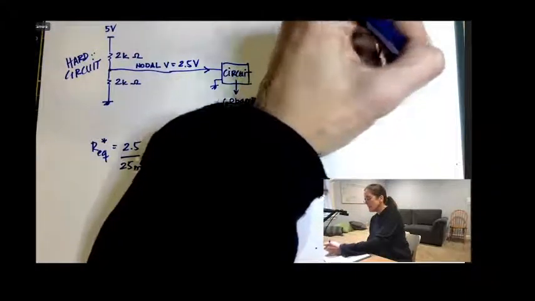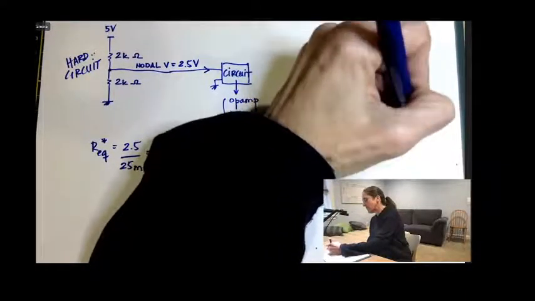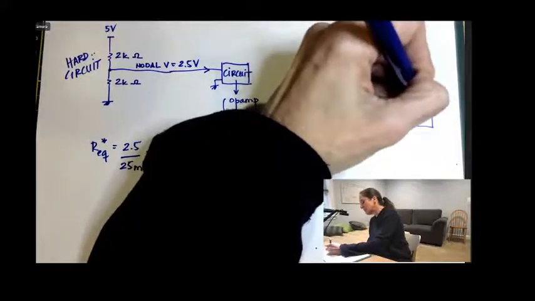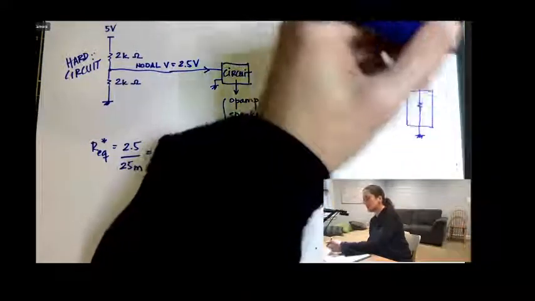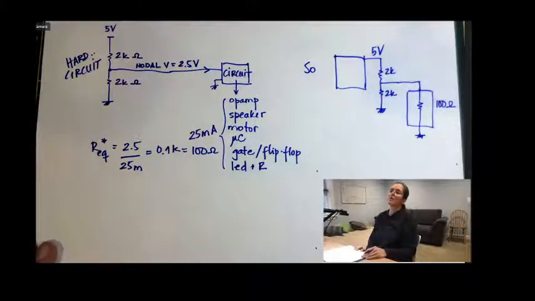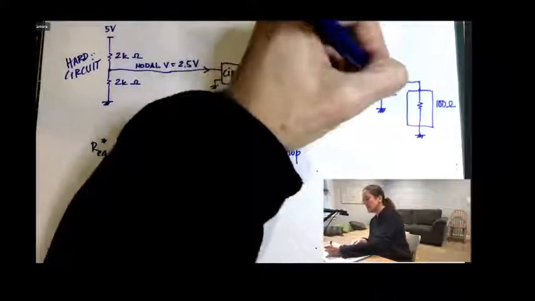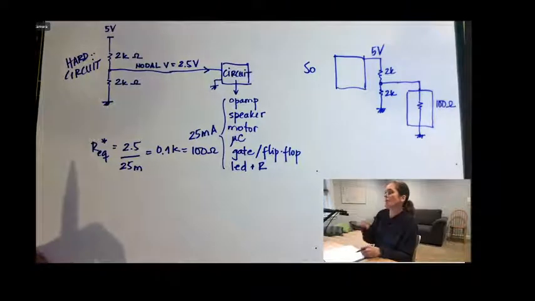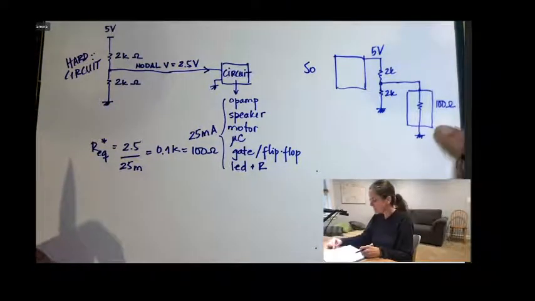And then instead of that other huge circuit, I am using a 100 ohm resistor as a placeholder or model for my motor, light bulb, LED plus resistor, op amp, gate, microcontroller, microprocessor, a little robot, a little car.